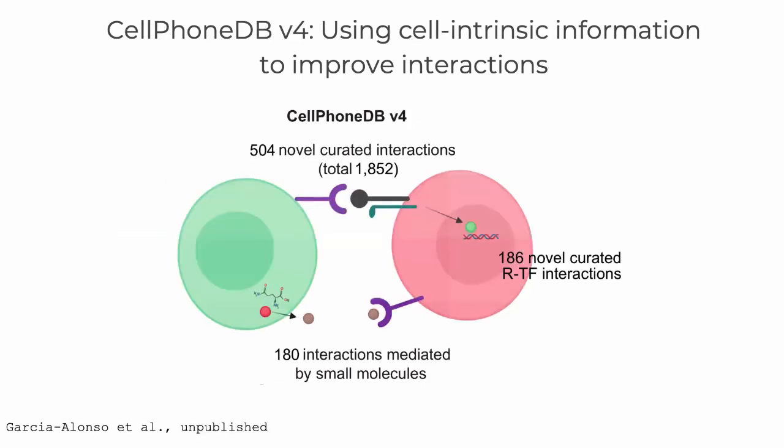And unpublished data from our team is a new version of CellPhoneDB, where we not only have stored more interactions or more curated interactions, including those that are small molecules, and in this case, because they are non-protein products, we look for the synthetic pathways to build them.